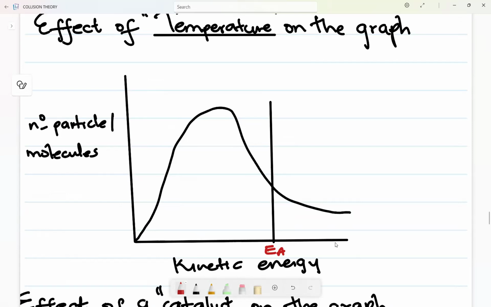We said that if the temperature is high, more particles will collide. The kinetic energy will increase. It means more particles will have kinetic energy greater or equal to the activation energy. It means now these particles here. Let me do this.